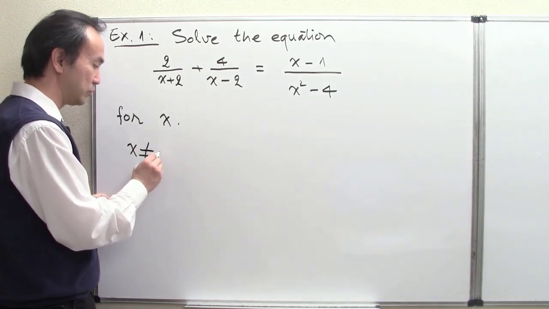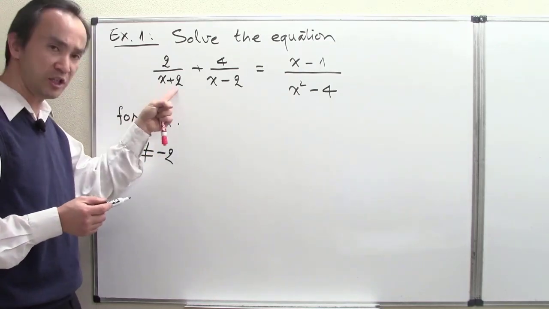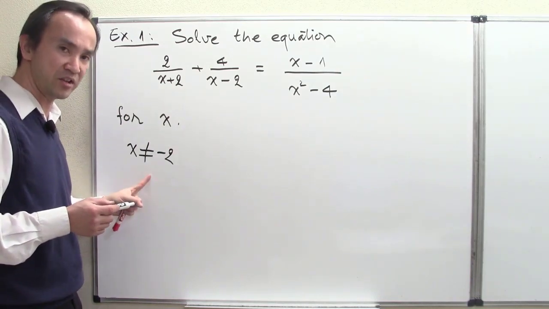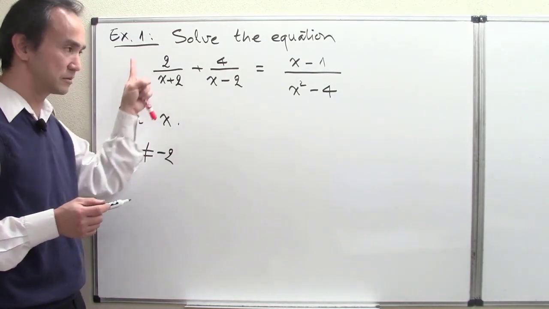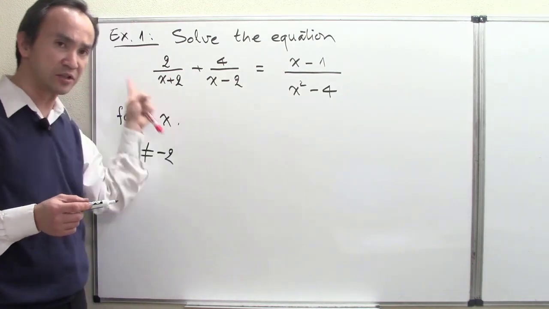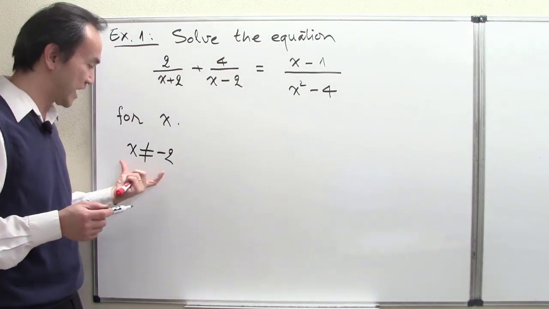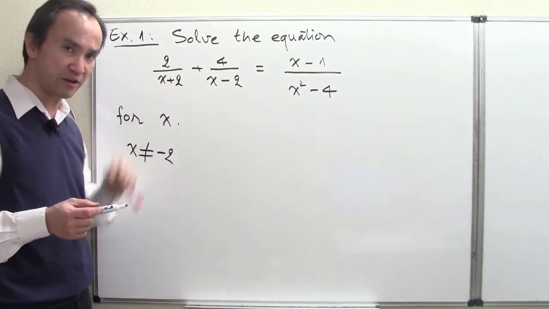In that way, I can immediately see that x must not equal negative 2, because when x equals negative 2, x plus 2 will equal 0. So we must take note of this value. The final answer for the unknown must not equal negative 2, because negative 2 will cause this denominator to equal 0.